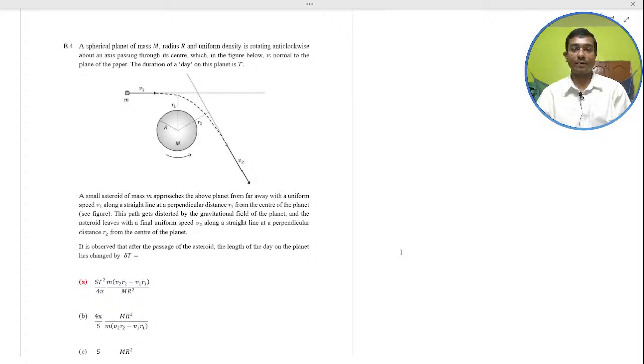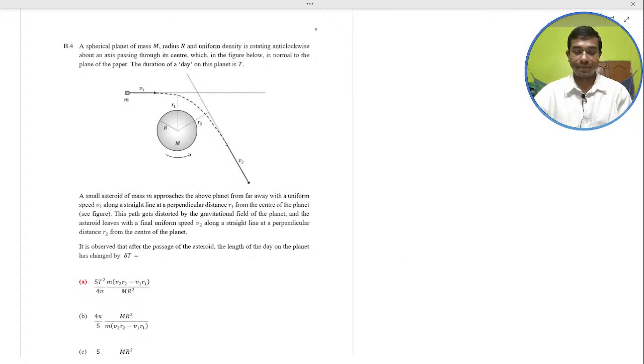So in this problem, the angular momentum of the asteroid is not conserved. We know the rate of change of angular momentum is equal to the external torque. This torque produces a change in angular velocity of the planet due to the interaction between the planet and the asteroid.